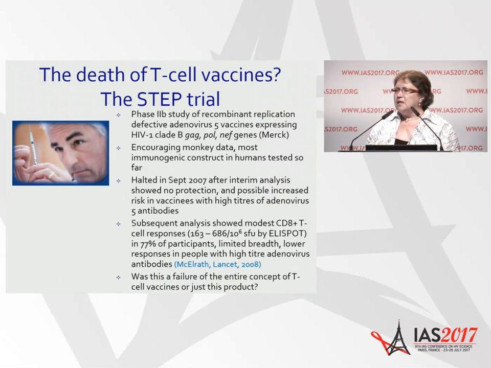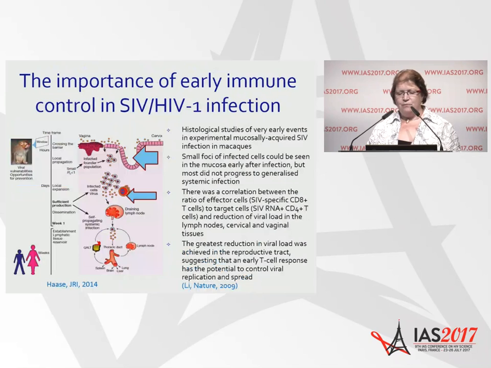Although at the time these T-cell responses were thought to be quite respectable, we would now regard these as really very modest T-cell responses with very limited breadth. And for a while, the whole focus shifted away from T cells and towards antibodies, and that's something that I think many of us can relate to.